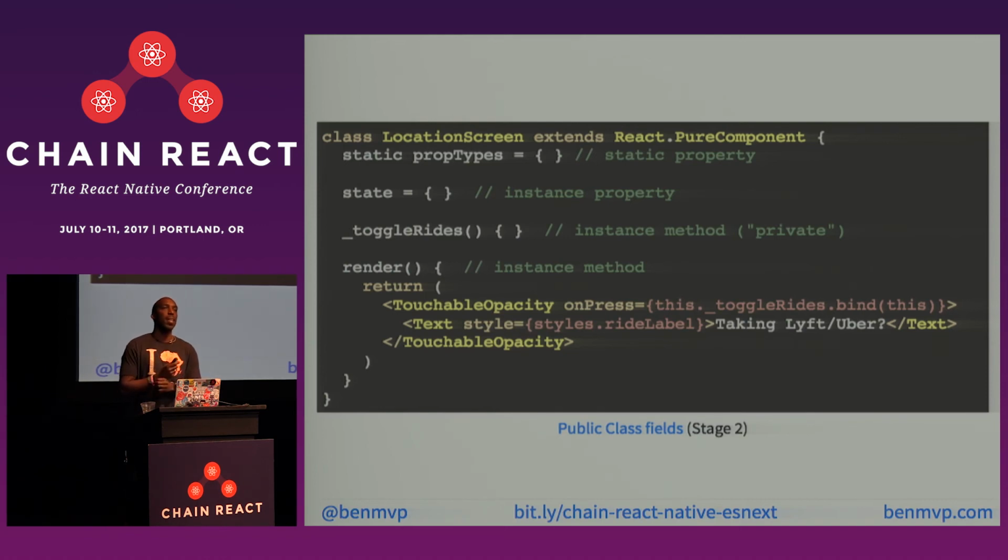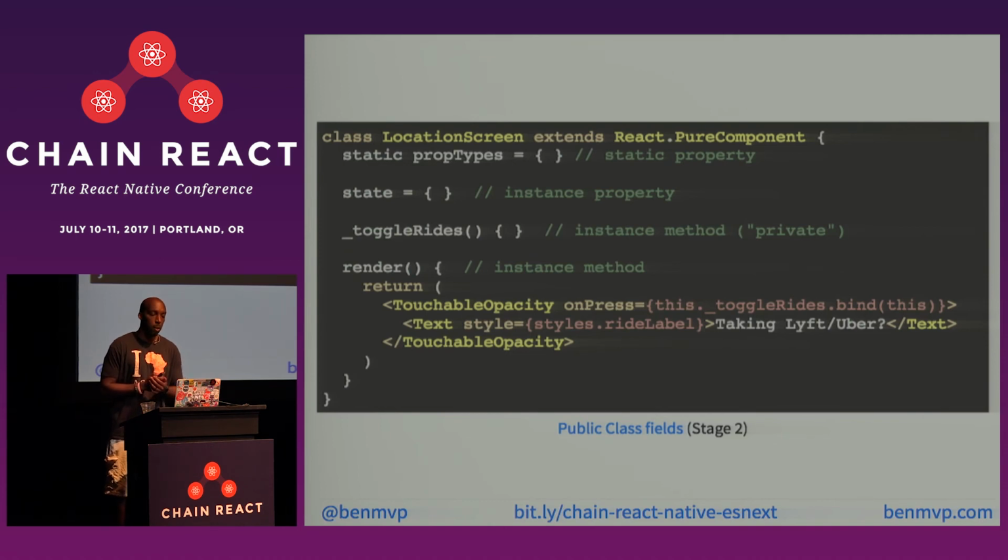But having that bind there is potentially bad because every time the state changes, every time we have to do a render, we're creating a new one-off function that's not being reused. So if you're rendering a lot, you're going to be creating a lot of functions. So we don't like that. People don't like that.